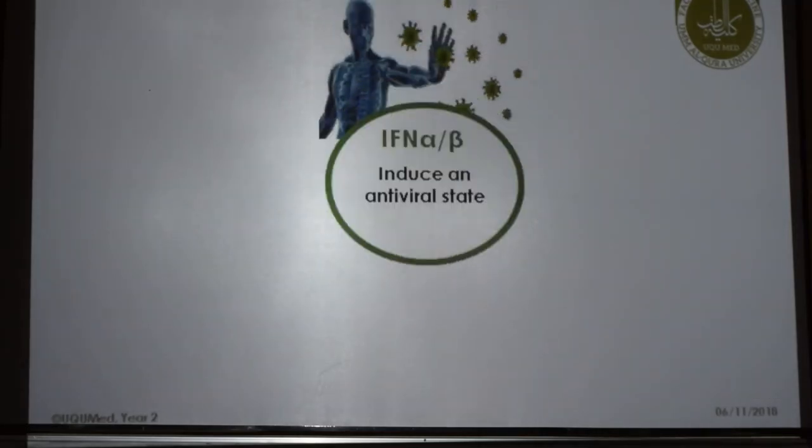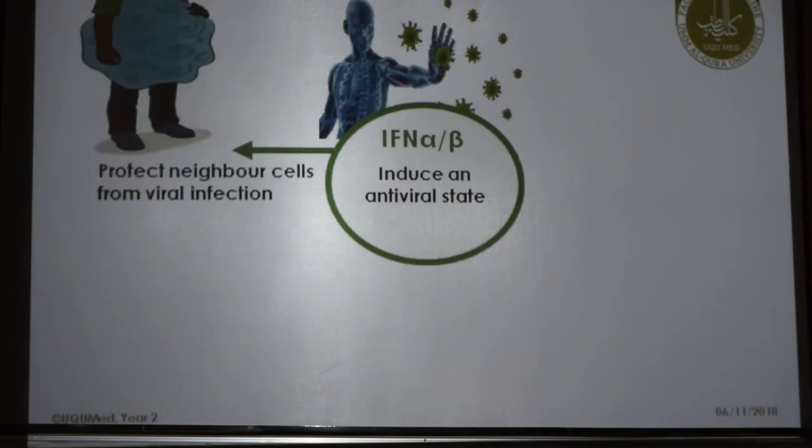Now, we have talked about how much it is produced and which cells are producing it. What it can do, it can create an antiviral state. Okay, so what is that antiviral state? First thing, protect the neighboring cell. So this is the epithelial cell which is infected. It is going to release it around all the neighboring cells which are there, because virus proliferates in one cell, breaks, destroys that cell, and then goes and infects the neighboring cell, and that's how it spreads.